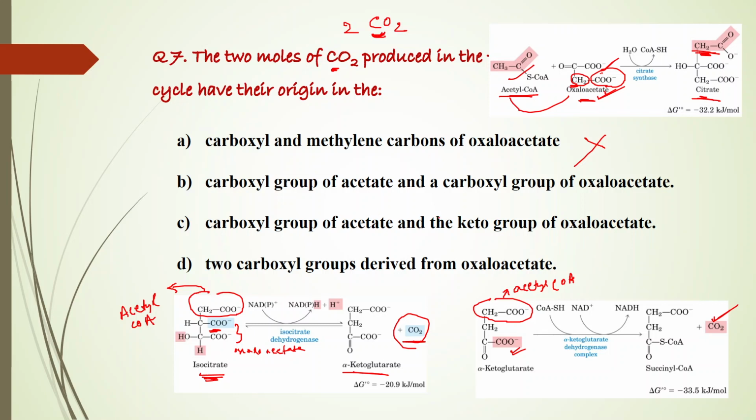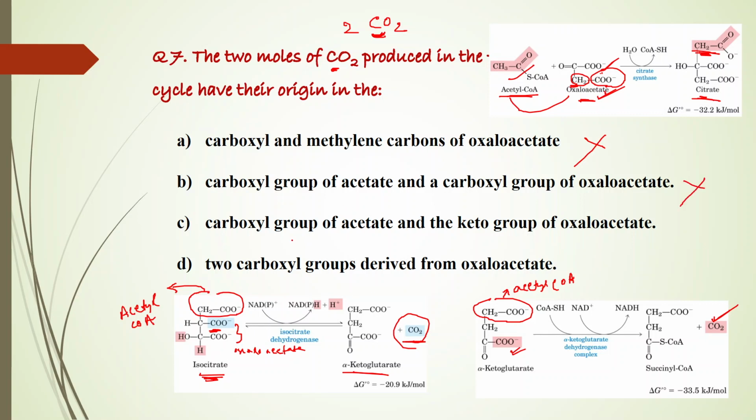Next one is carboxyl group of acetate and a carboxyl group of oxaloacetate. We have seen that the COO minus group coming from acetyl-CoA, the acetyl group, was not involved in CO2 conversion. Only the oxaloacetate COO minus groups were. So this was again a false statement.